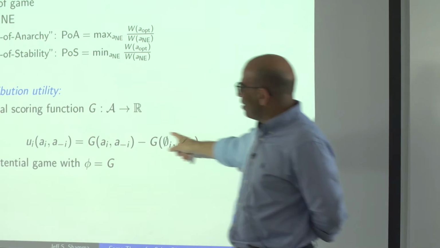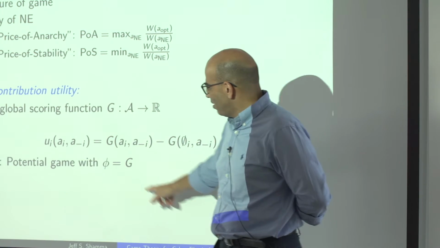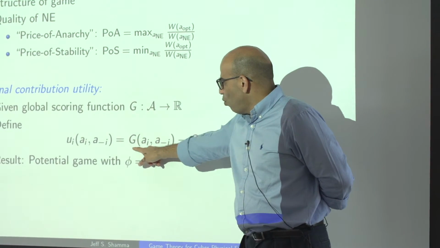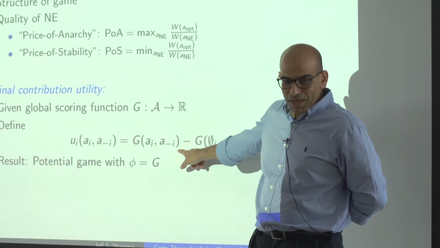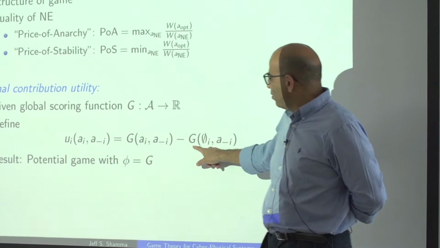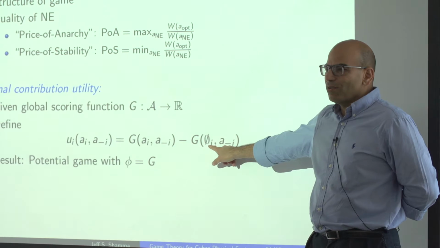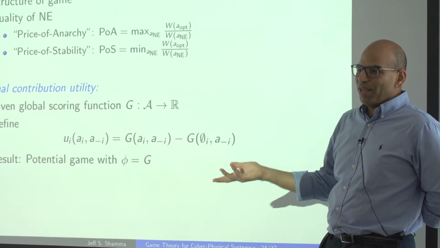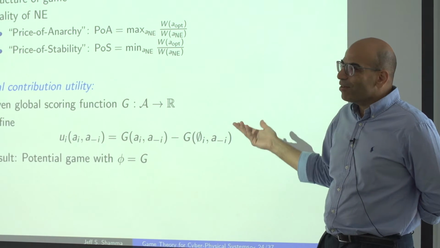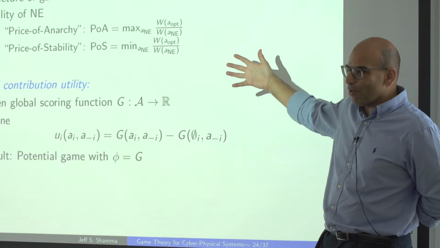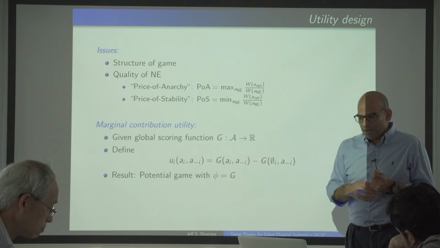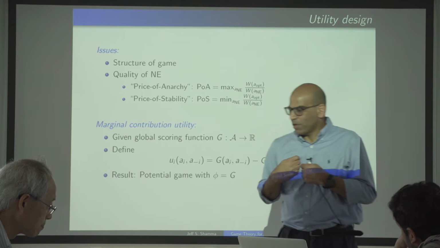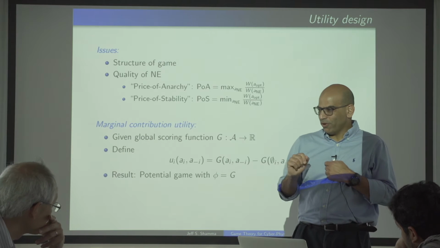All right, so what is the marginal contribution utility? I'm going to incentivize an agent in this way. What's the world score with me in the world, minus what's the world score with me gone? What am I contributing to the world score? So how does this manifest itself with coverage problems? Suppose I'm a node, there's a shared node, you're a node.